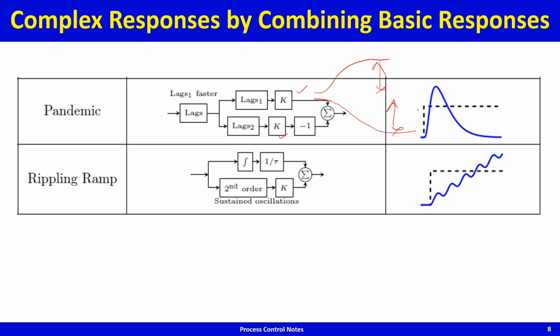I'm sorry, these things are not drawn to scale. So basically what you have is, you got something like this, and you got something that's so much slower, but this change and this change are the same, when you add these two up, you'll get a response that is shaped like this.